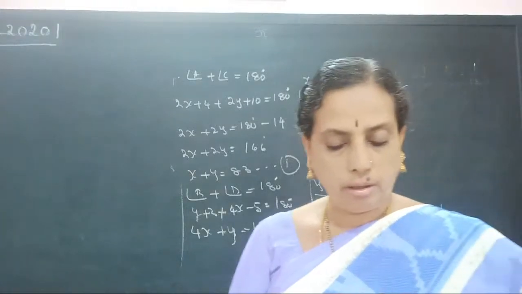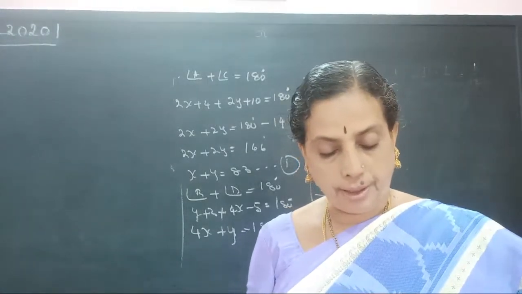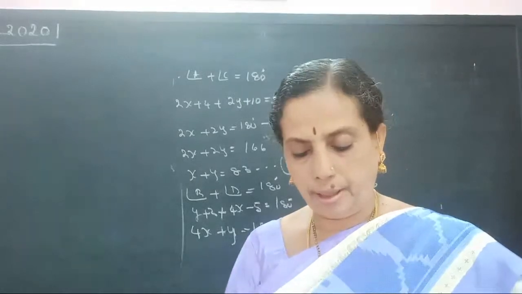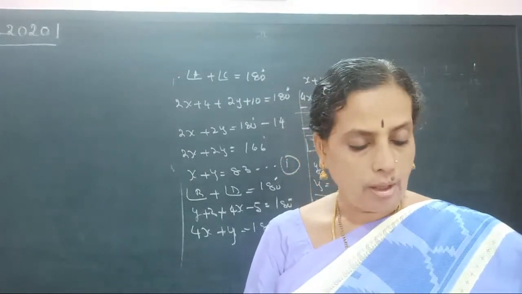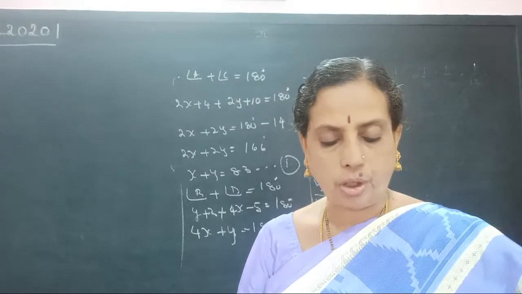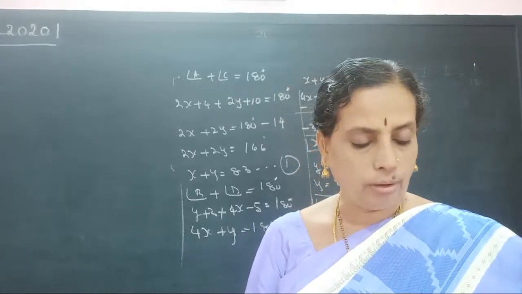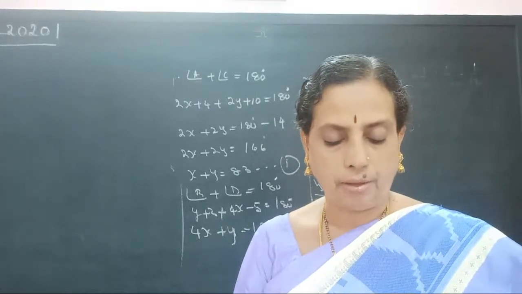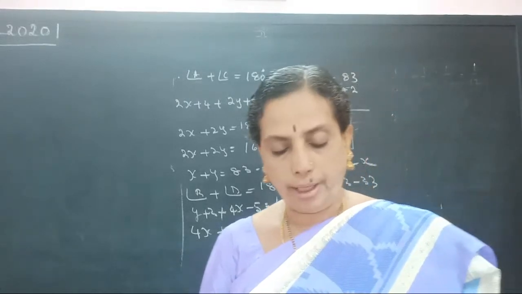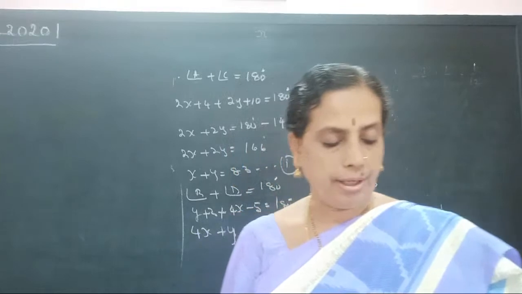Another question, it's an NCERT textbook question, which has also appeared in exams. A part of the monthly hostel charge is fixed and the remaining depends on the number of days one has taken food. A student A takes food for 20 days.